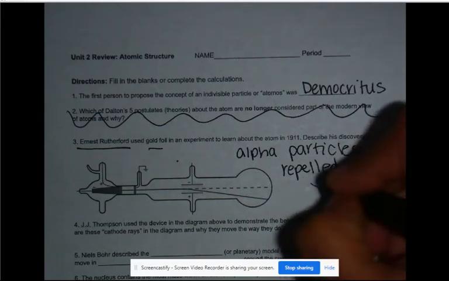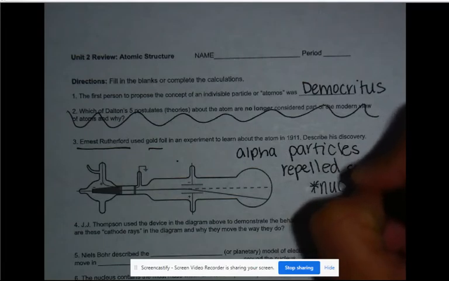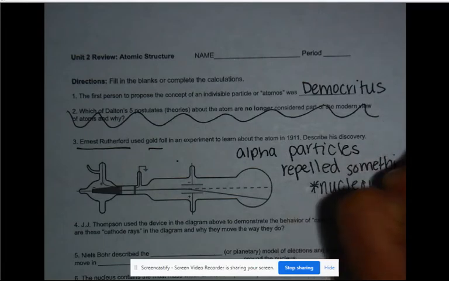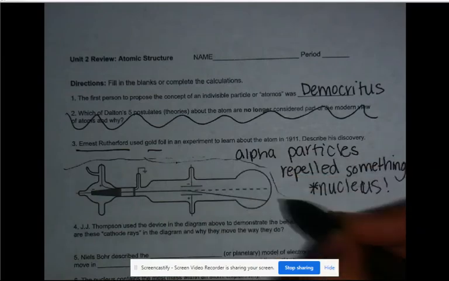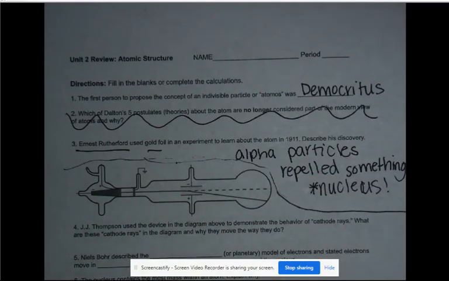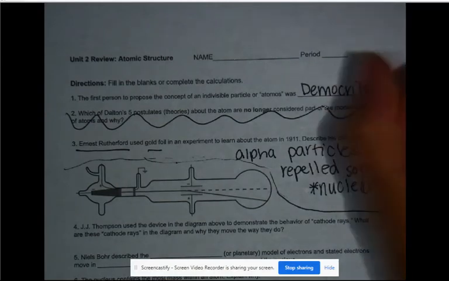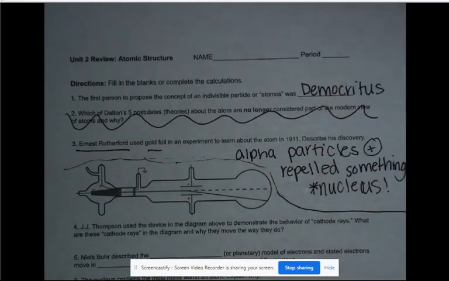So he discovered the nucleus. His is the nuclear model. It's not related to this picture. I know it looks very misleading. I think I messed up my spacing on the question. So alpha particles, which were positive, repelled the nucleus. They bounced away and weren't going straight through anymore.